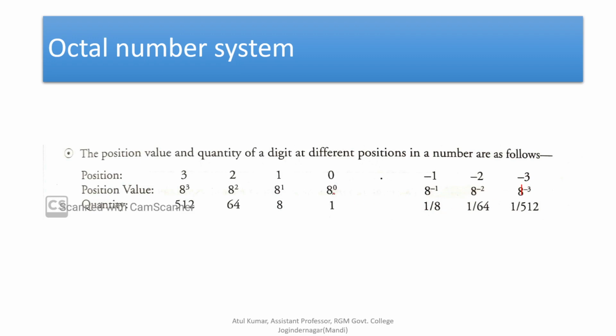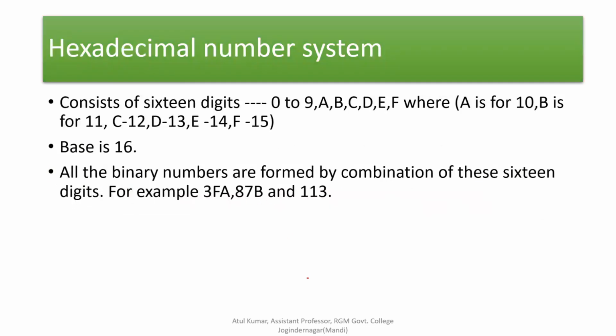Remember here, if we talk about octal number system, the base is 8. So the raised to power always starts with base raised to power 0. So here base is 8, so 8 raised to power 0, 8 raised to power 1, 8 raised to power 2, and so on.